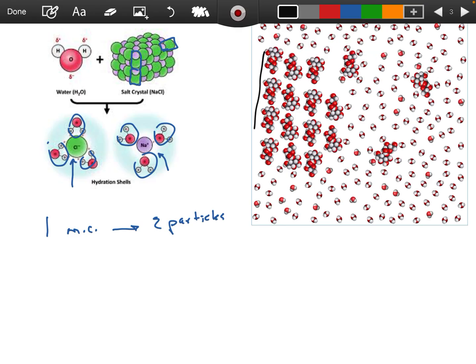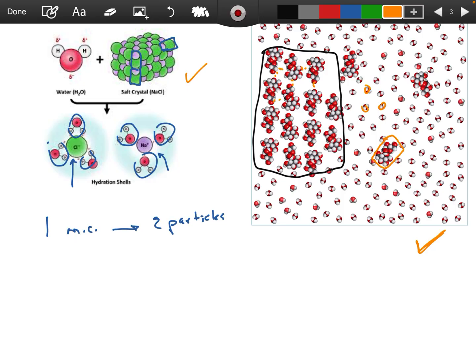However, if you have a sugar crystal, there's our sugar crystal there. These things are held in place by those intermolecular forces. And then we've got our water molecules here. When you dissolve sugar into water, the water molecules are going to surround a sugar molecule, but they are not going to break apart the sugar molecule. Here, they break apart the salt molecule. Here, because of the properties of sugar and things similar to it, they do not break apart the molecule.